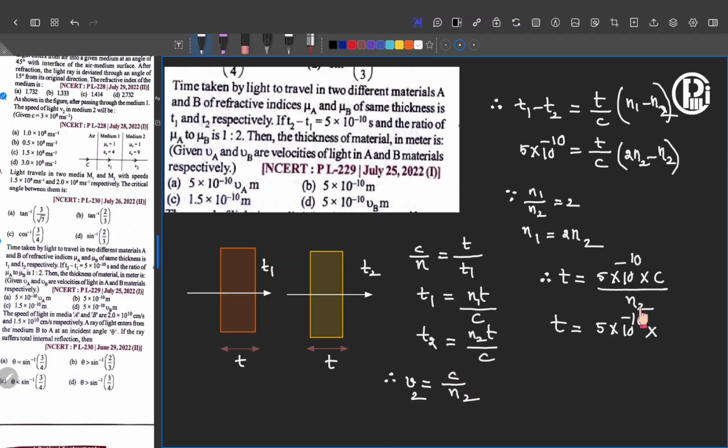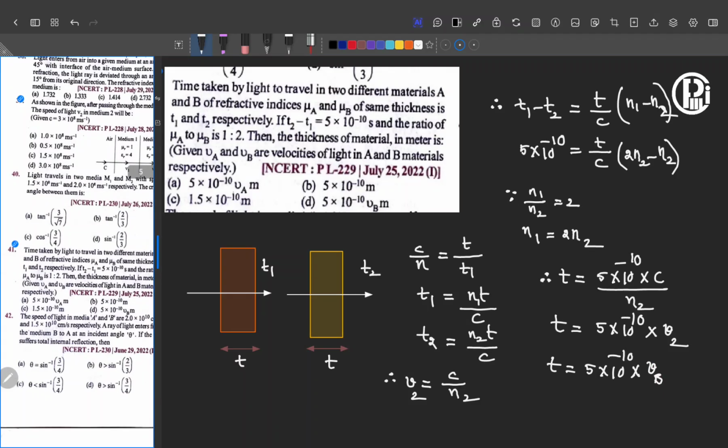That V2 is nothing but VB here, right? So therefore this thickness t is equal to 5 into 10 power minus 10 into V2 or VB. That was the answer for question number 41.